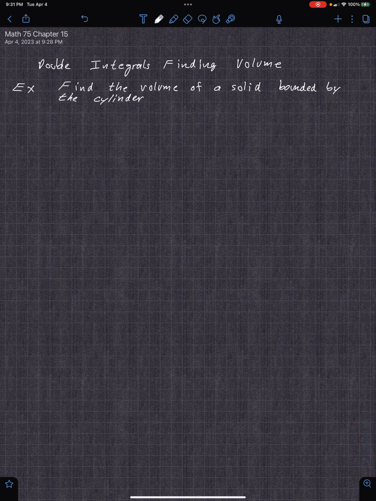Although this one I guess is a cylinder, but just look at the axis though. So x squared plus z squared equal to 9.